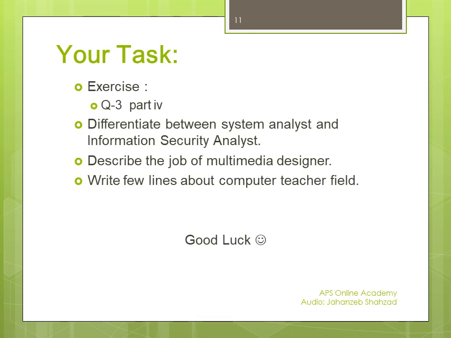Your task: you have to solve exercise question number 3, which is part 4. You will solve that question in your notebooks or loose sheets, and you will differentiate between system analyst and information security analyst.